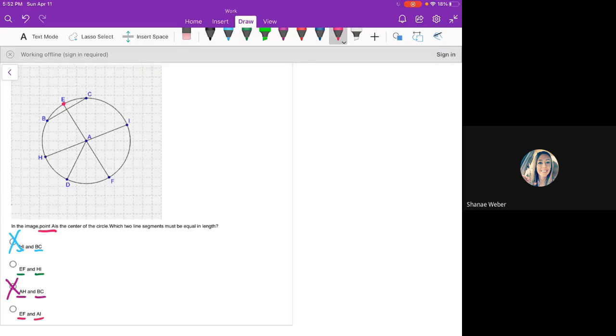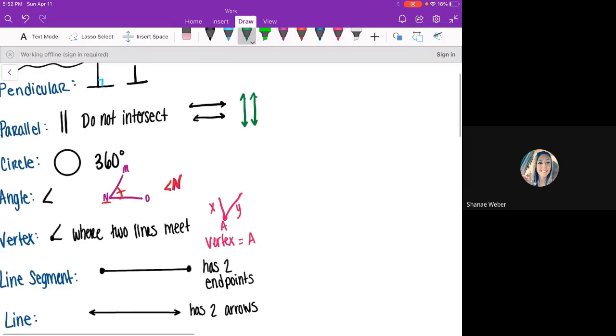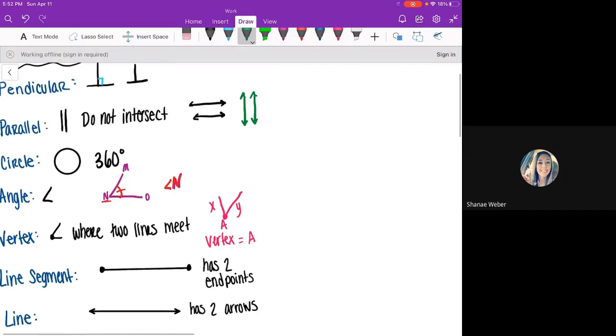So here's E and F going all the way across the circle. And then A and I only goes through half of the circle. So we know that one doesn't work. So our correct answer here is EF and HI. So just make sure you really know your common geometric words here and what they mean, and just keep that as a reminder. But all of these questions are pretty different from each other. So if you know these, then it should be a really big help to you.